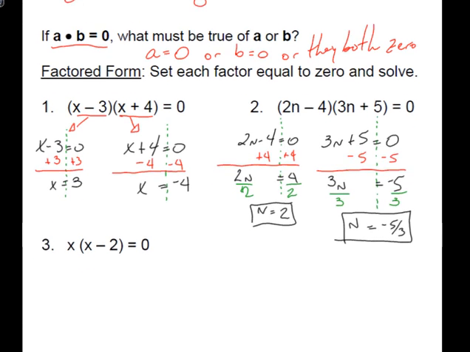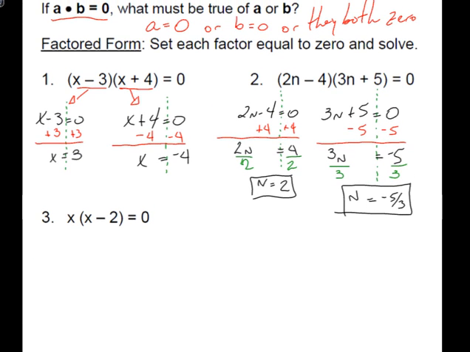For our third example, I have my two factors here. My first one is x is equal to 0. Second one is x minus 2 is equal to 0. Most excellent. That one is done already. The one on the right, we do have to do a little bit of work to it.